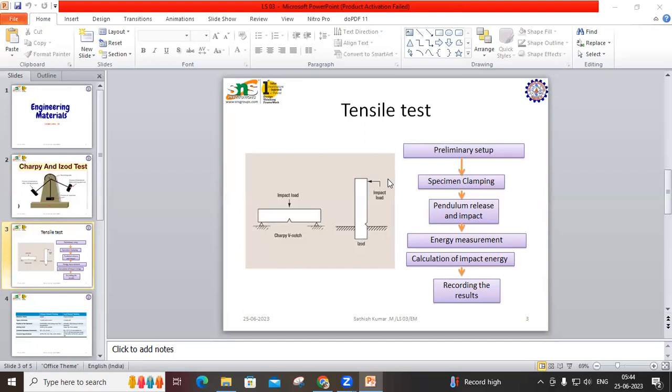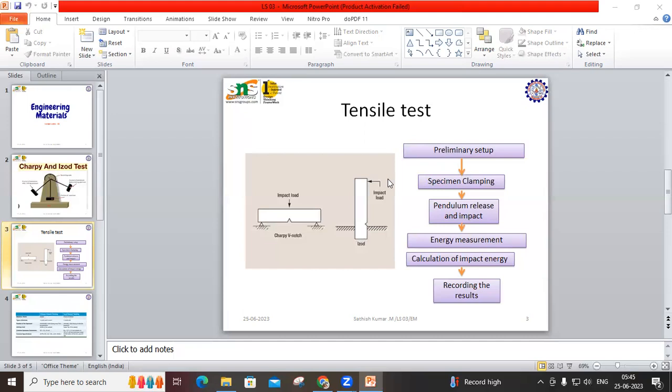So be very careful that the notch of the specimen faces the pendulum. The next point is pendulum release and impact. The pendulum is released from a specific height, swinging freely towards the clamped specimen. The striking edge of the pendulum strikes the specimen at the position of the notch, causing it to fracture.